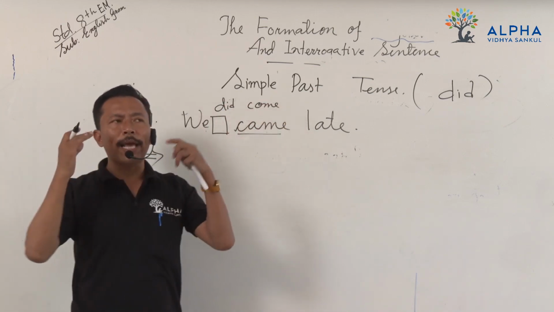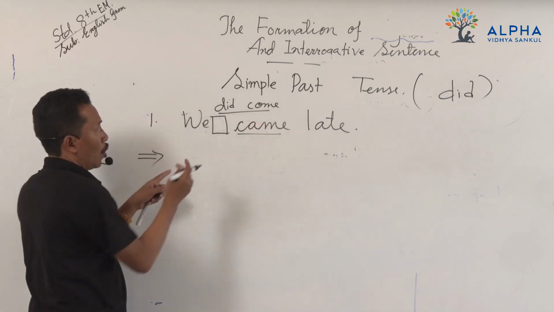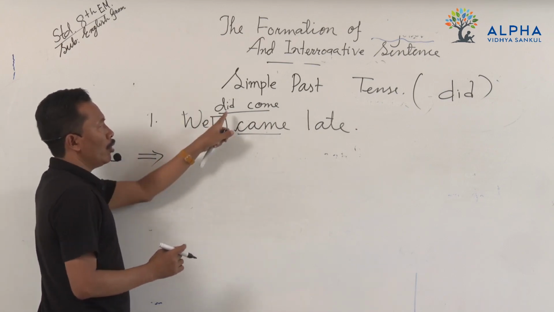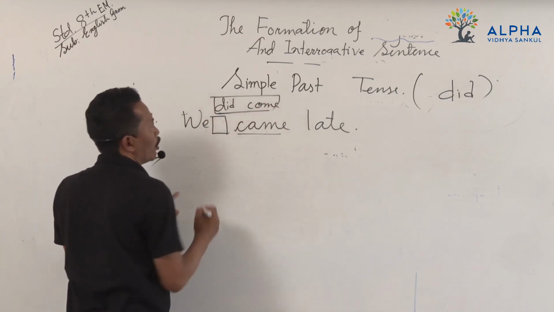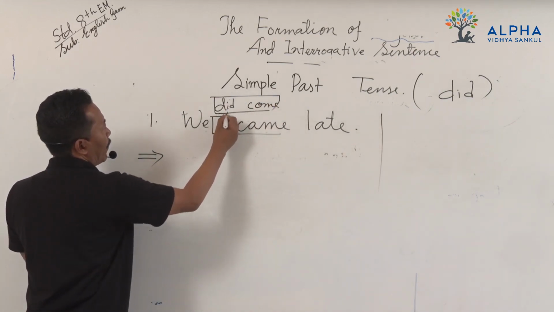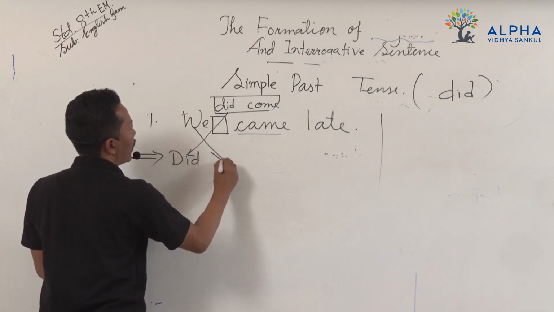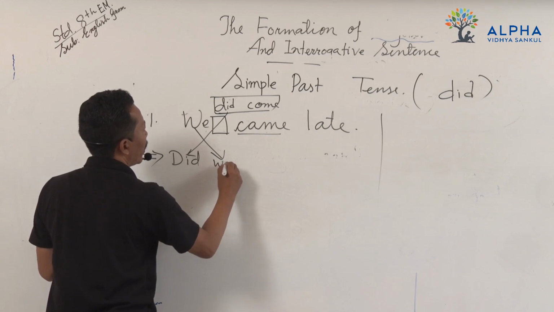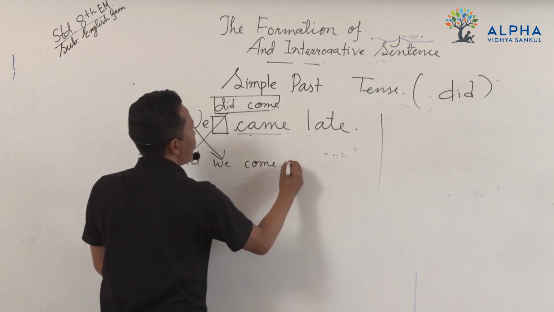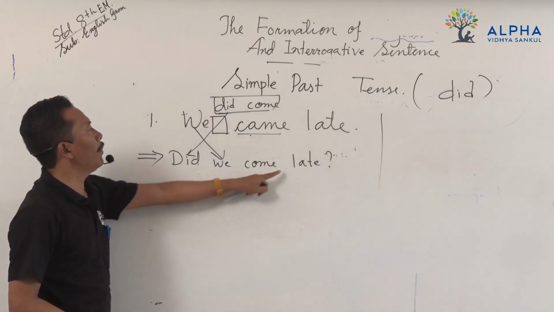You have to play this game in your mind. So, we came means we did come. You need not write here; you can do it on the rough page. So this did will come first, and we after. And this came changes into come. Did we come late?